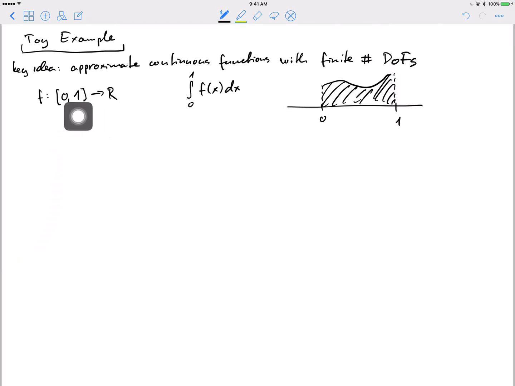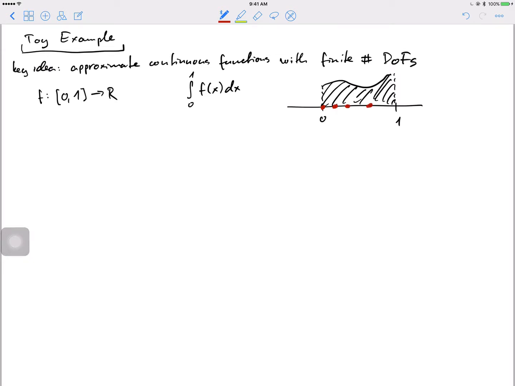Now the problem is that there are infinitely many functions f, okay? So we cannot really directly compute them on a computer, because a computer always has a finite memory. A computer always uses bits, 0, 1, right? It doesn't have a concept of a general continuous function. So what we are going to do, and that's the key idea of finite elements, we are going to take this interval 0 to 1, and we're going to chop it into small pieces.